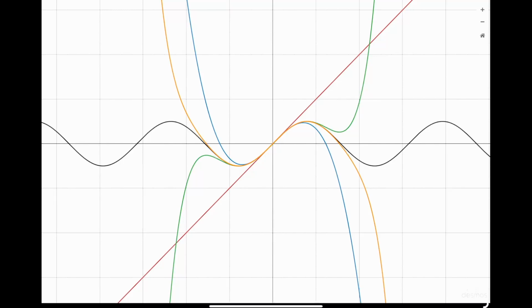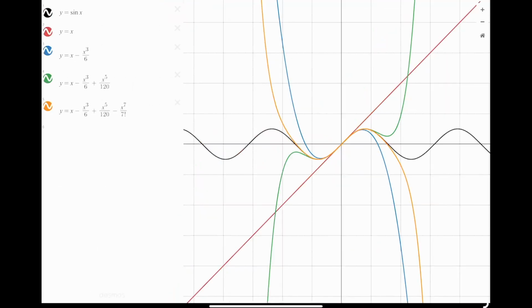And so we are going to, in this section, take advantage of some calculus and actually come up with these polynomials ourselves. And the goal of this, we don't know what sine of x is. If I want to figure out what the sine of 1 is, I have to use my calculator. And how does my calculator know? I don't know what it is.